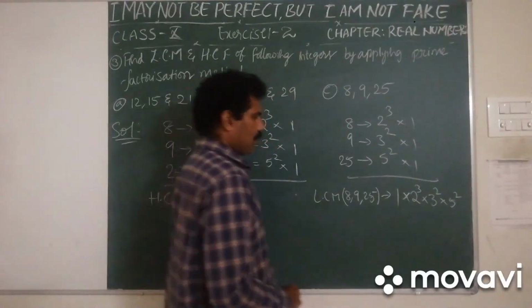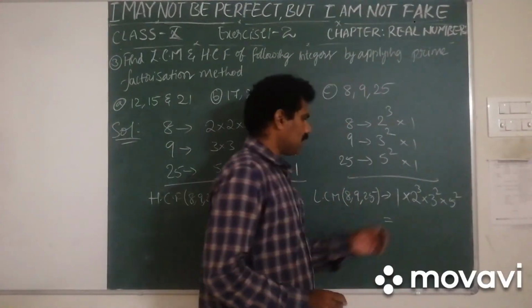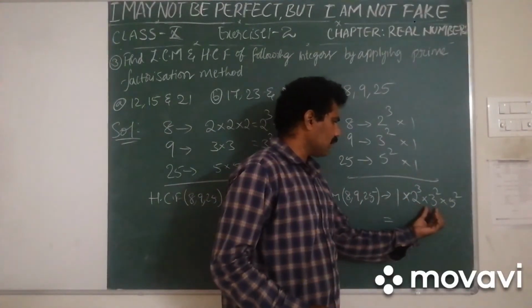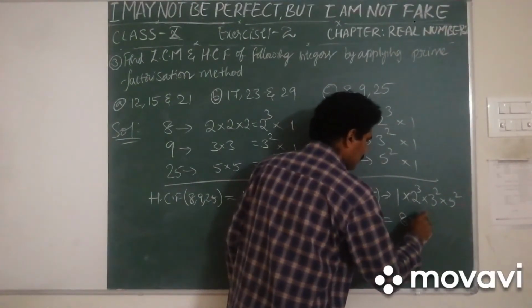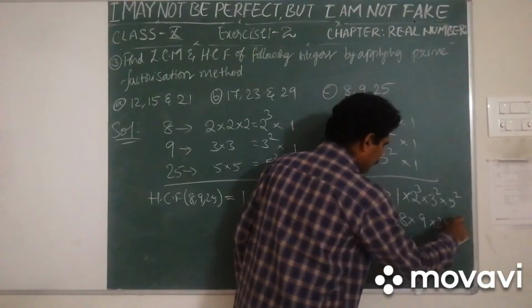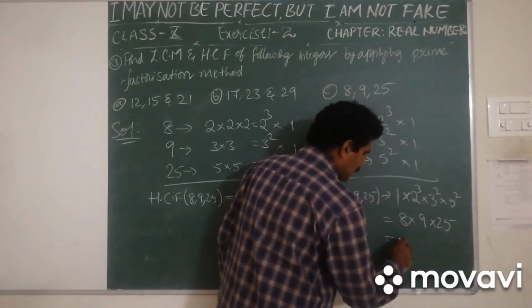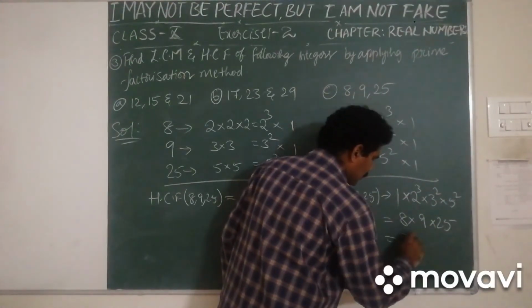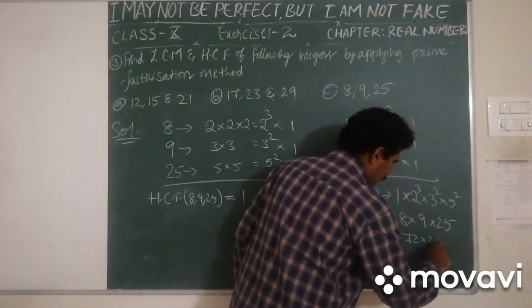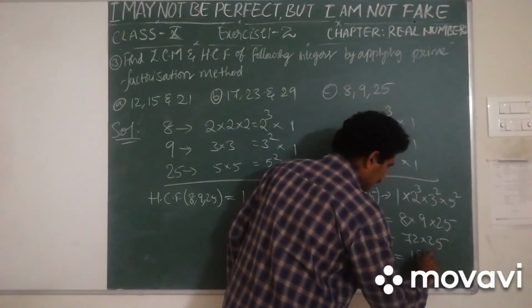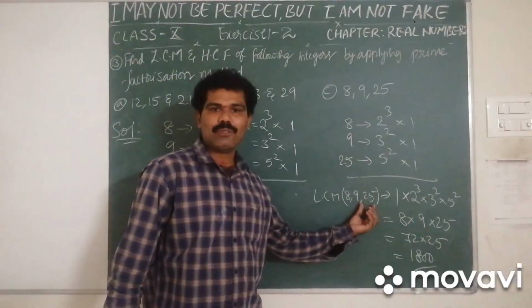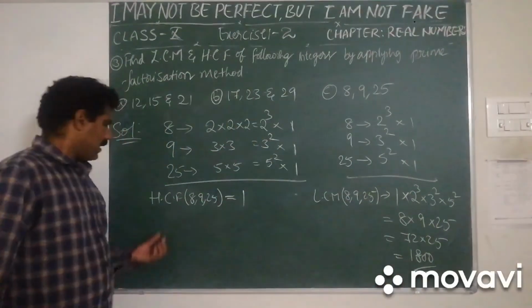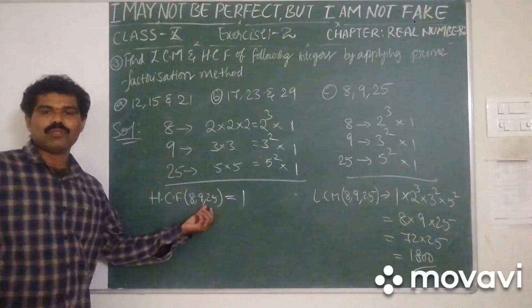The product of this will be 8 into 9 into 25, isn't it? 8 9s are 72. 72 into 25 is equal to 1800. So LCM of 8, 9 and 25 is 1800. HCF of 8, 9 and 25 is 1.